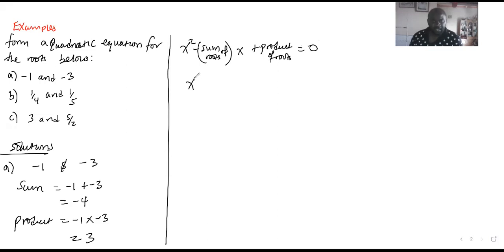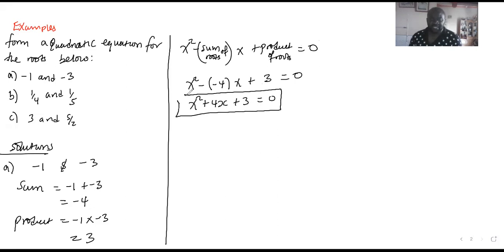So x squared minus the sum we have got, -4, close brackets, times x plus the product we have got, 3, should give us 0. Therefore, x squared plus 4x plus 3 is equal to 0. And thus, this is the equation we have designed as a result of having roots of that quadratic equation.